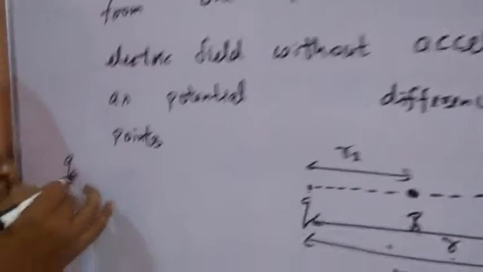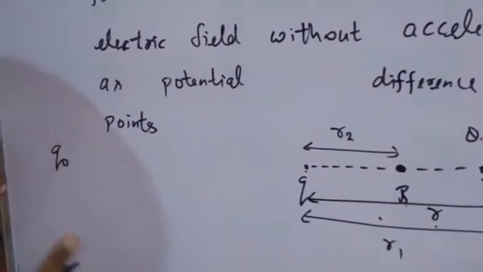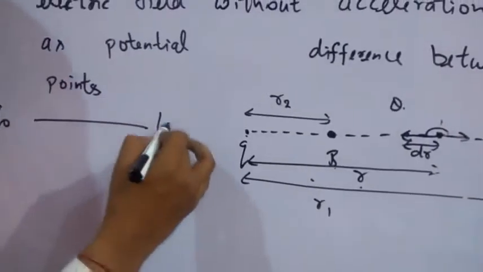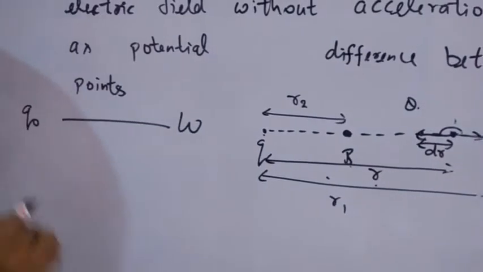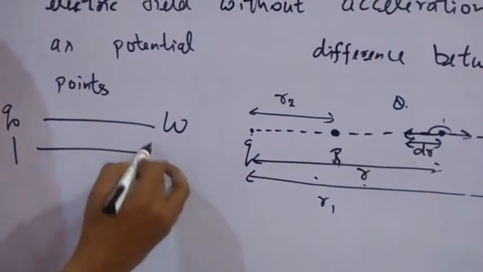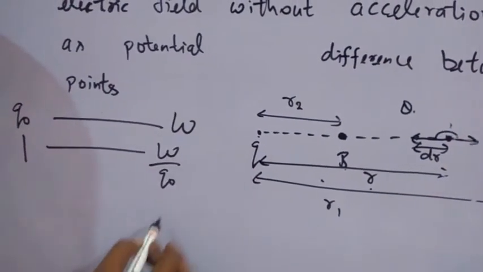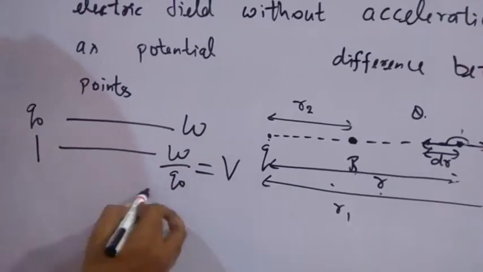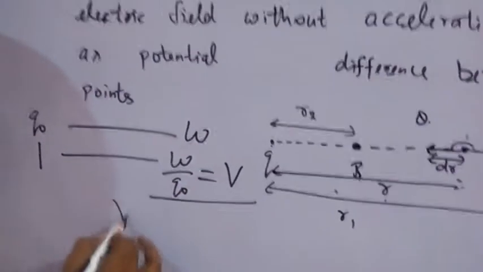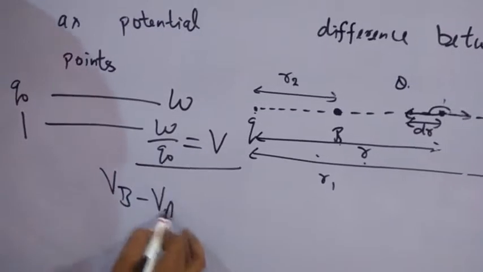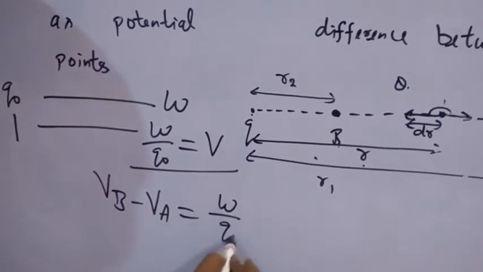If we take the Q naught charge from one point to another in an electric field and work done is W, then work done in moving unit charge would be equal to W by Q naught, and by definition this is potential difference V, or say potential difference VB minus VA is equal to W by Q naught.